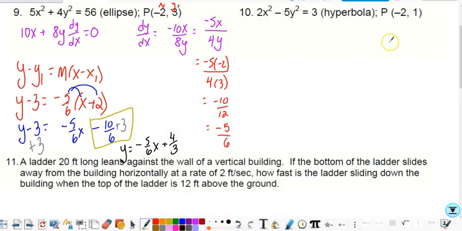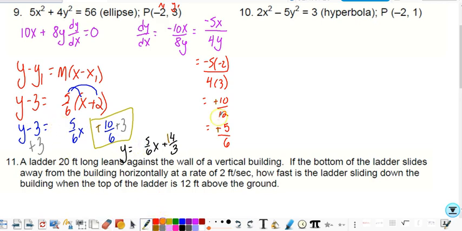I made a mistake. Why I was pausing. Did you catch it? Negative times negative is positive. So this is really a positive slope. Fix that there, which would make this a positive 6/10, which would make this 14/3. And that would be positive. And this would be positive.